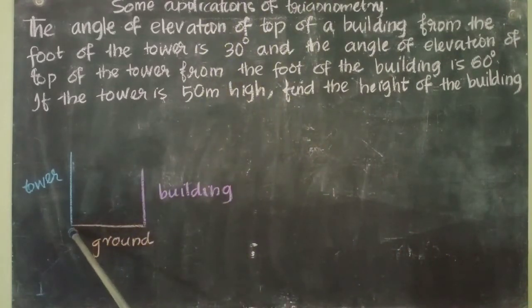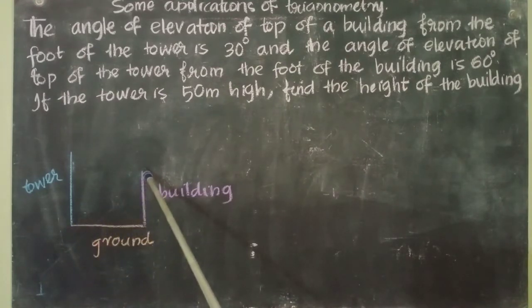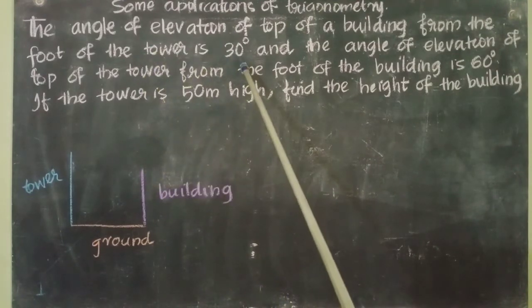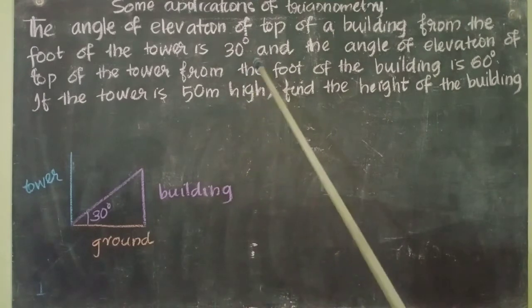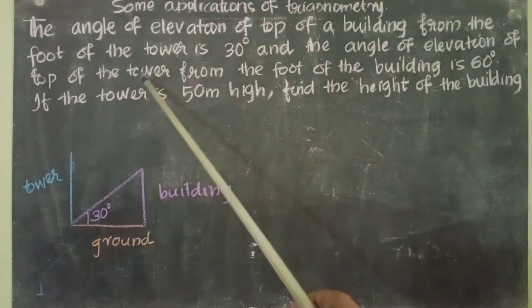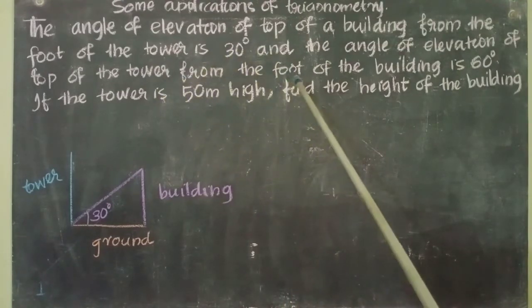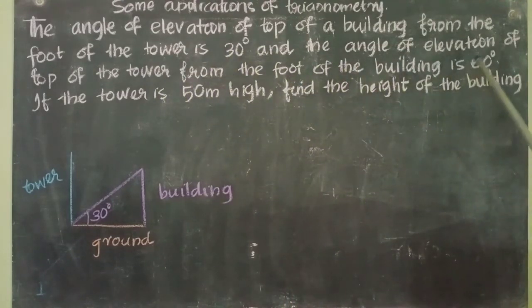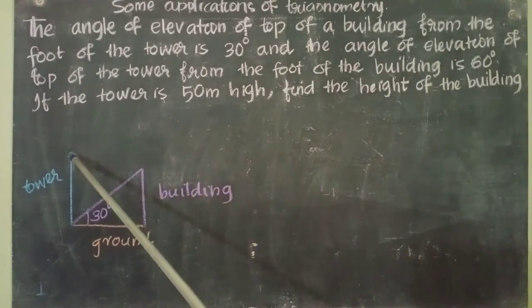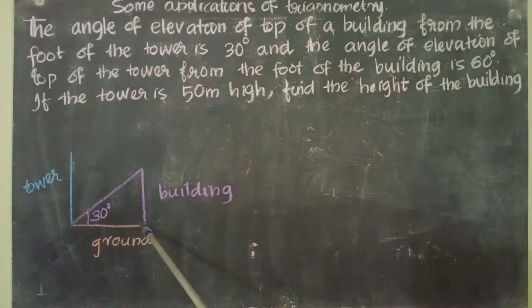A person is standing here and looking to the top of the building at an angle of elevation of 30 degrees. Then again, the angle of elevation of the top of the tower from the foot of the building is 60 degrees, looking to the top of the tower from the foot of the building at an angle of elevation of 60 degrees.